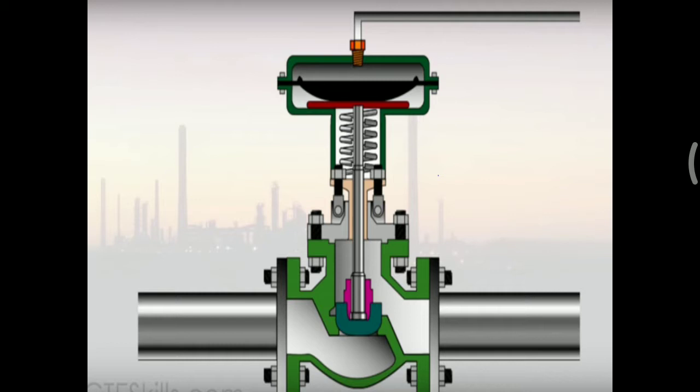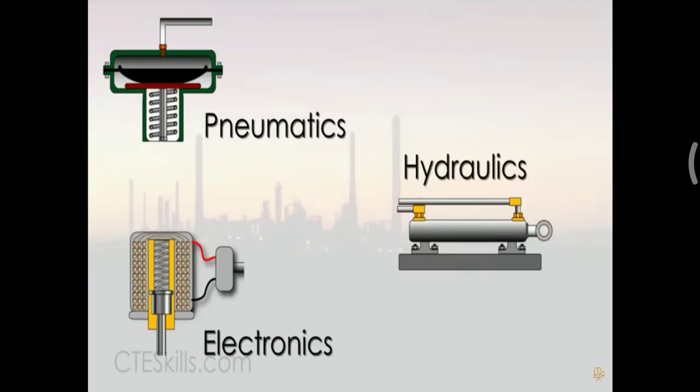Here you can see the control valve completely. The actuator works on three types of signals, either pneumatics, electronics or hydraulics.